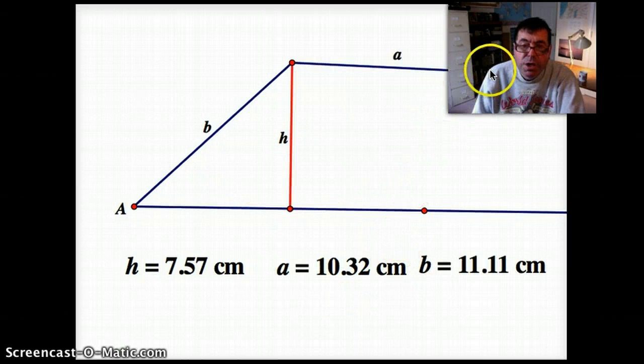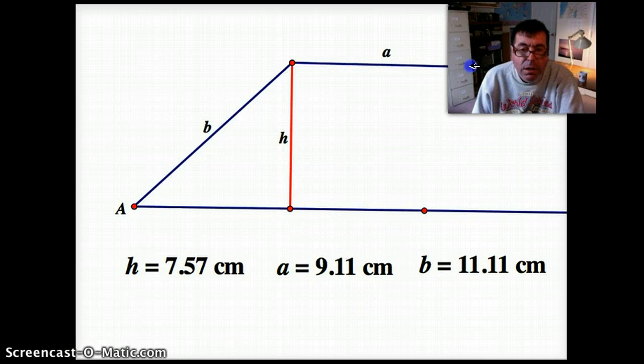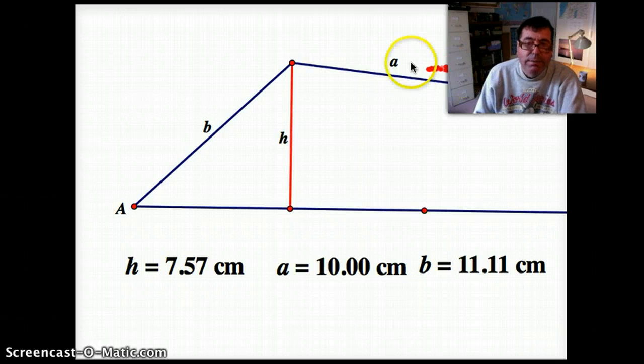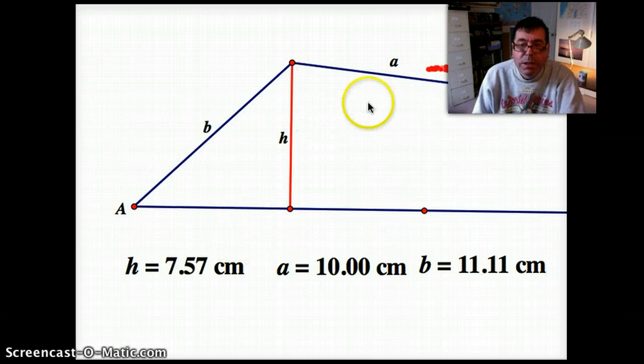Now I'm going to change the length of a. I'm going to make a greater than h, but less than b. I'm just going to pick a nice easy number like 10. Now, what's going to happen if we swing a?